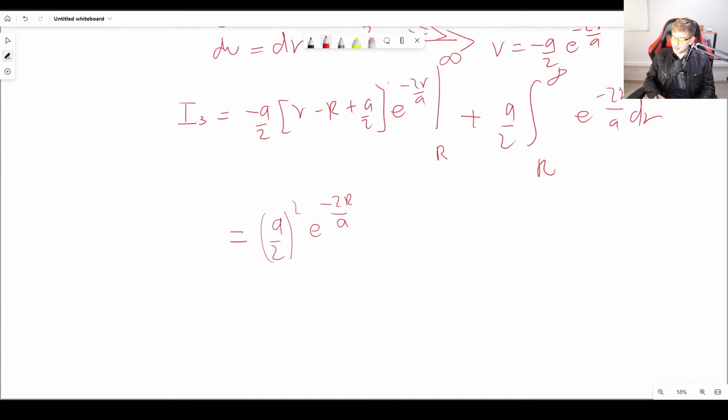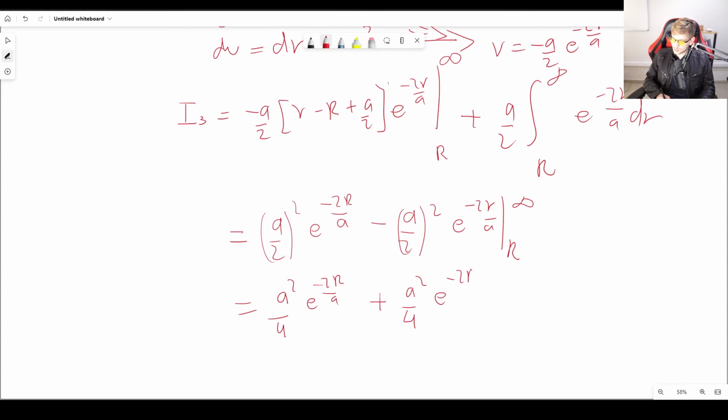And from this integral, we get a minus a over 2, which will square the existing one, and then e to the minus 2r over a between big R and infinity. So this will be a squared over 4 e to the minus 2r over a. At infinity, it goes to 0. So we are left with a plus a squared over 4 e to the minus 2 big R over a. We can add them together and we are left with a squared over 2.